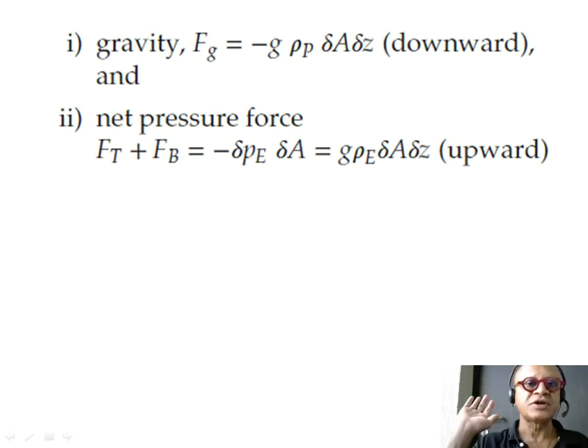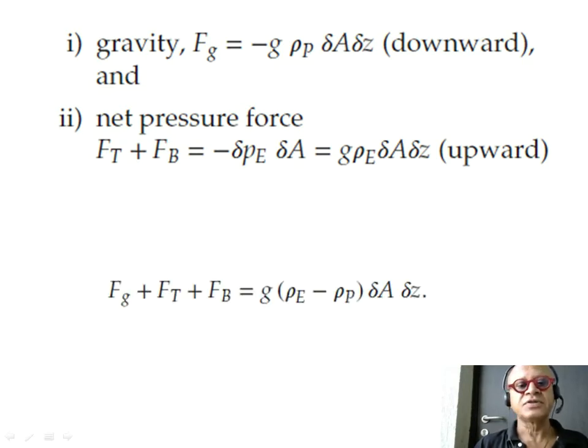Because we have assumed already that our g doesn't change very much, and we're taking rho p and rho e here, and we are going to look at the net force balance.